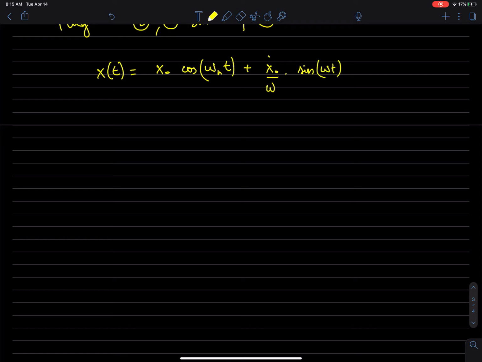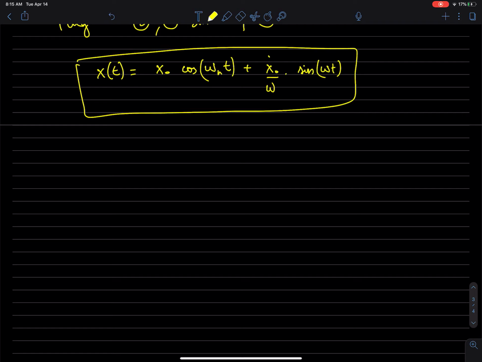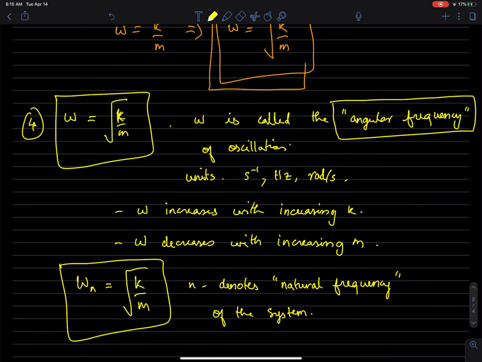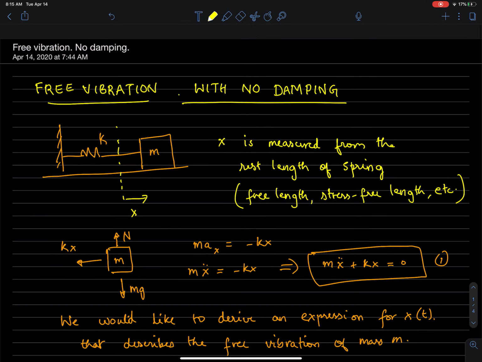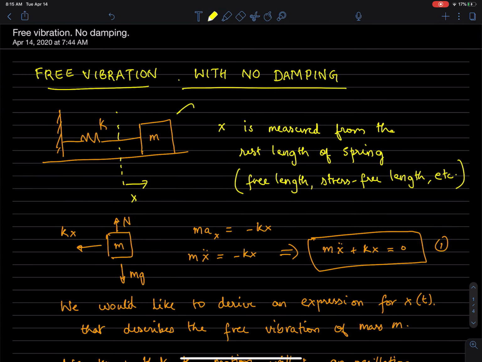Okay, so this is the expression that describes the oscillatory motion of a simple mass spring oscillator. This object I might call a mass spring system.